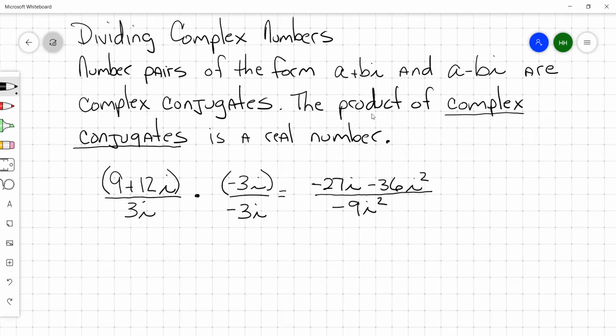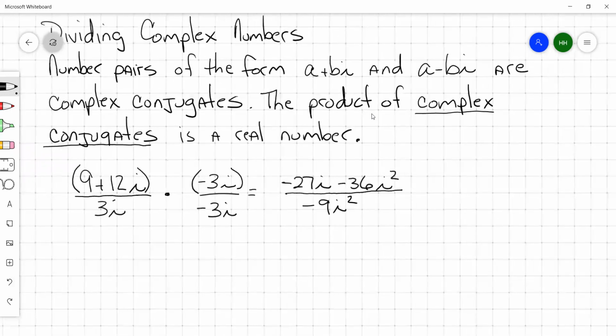Now you have to substitute your negative 1 for your i squared. So in the numerator, we get negative 27i minus 36 times negative 1. And in the denominator, we get negative 9 times negative 1.